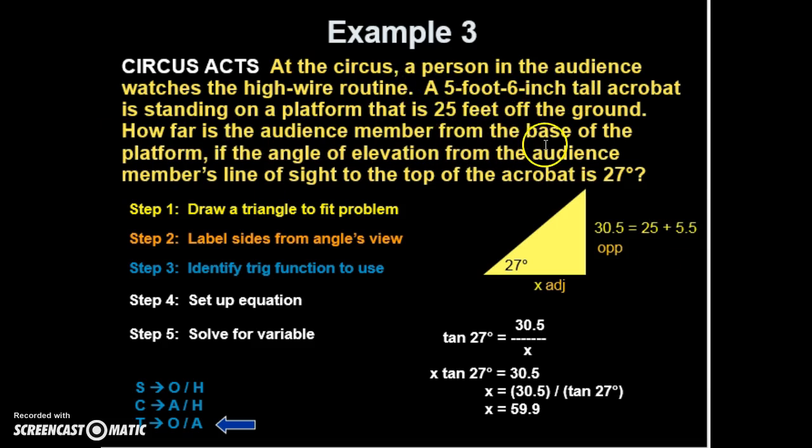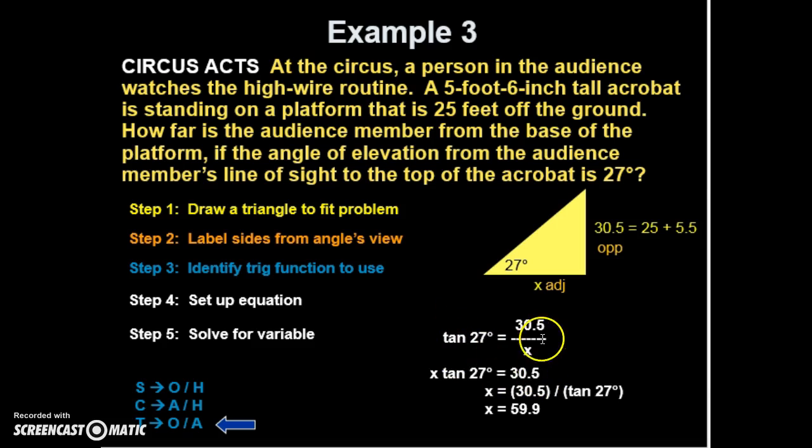How far is the audience member from the base of the platform if the angle of elevation from the audience member's line of sight to the top of the acrobat is 27 degrees? We want this horizontal distance. Again, we have opposite over adjacent, so that is tangent.